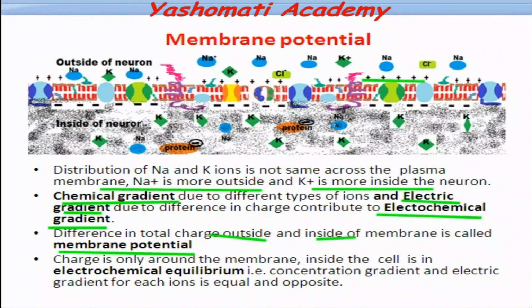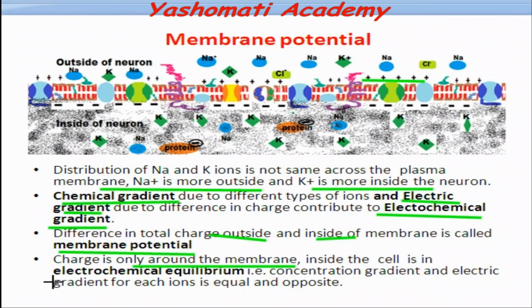Now this is the status when we are talking about the membrane. What about the inner side of the cell? The inner side of the cell is electrically neutral because these charges are developing only around the membrane. Towards the inner side, the concentration gradient and electrical gradient of each type of ion is equal and opposite.